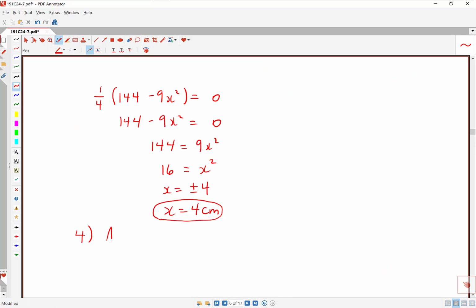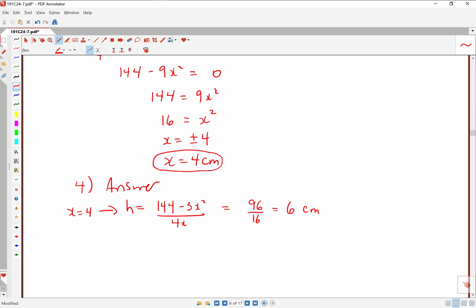So answer, let's find h, which is (144 minus 3x squared) over 4x. So we're going to put our solution x equals 4 into this, and let's figure out what h comes out to. So that comes out to 96 over 16, which is 6, and that's going to be in centimeters.